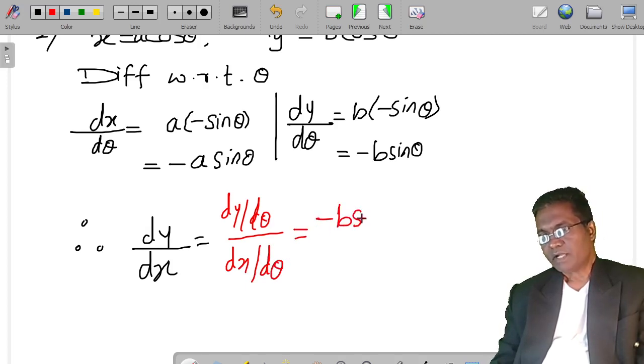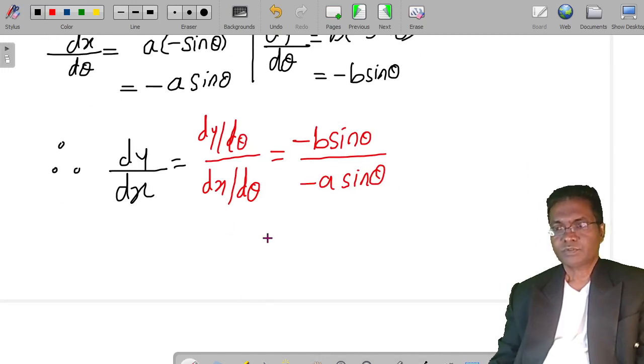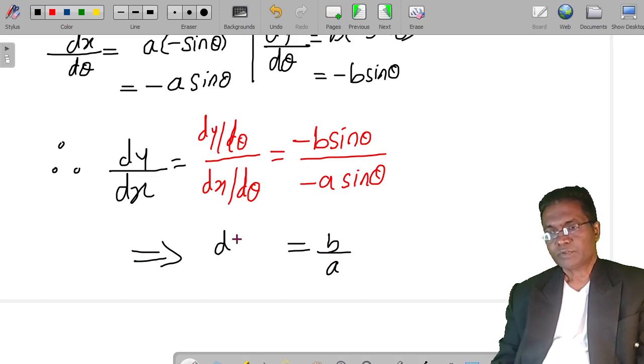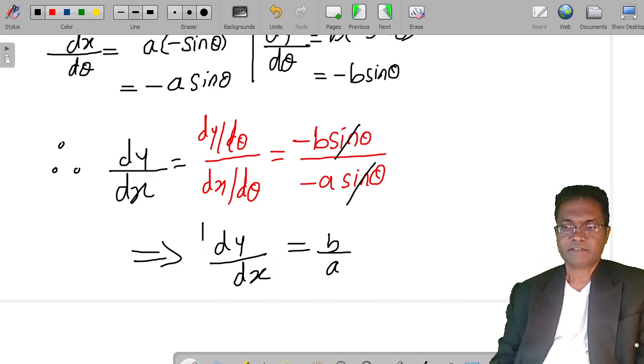So that is minus b sin theta, dy by d theta is minus b sin theta, and this is minus a sin theta. So minus minus cancels, sin cancels, you will be left with b by a. So this is your dy by dx.